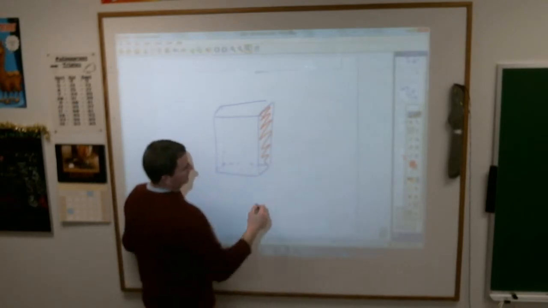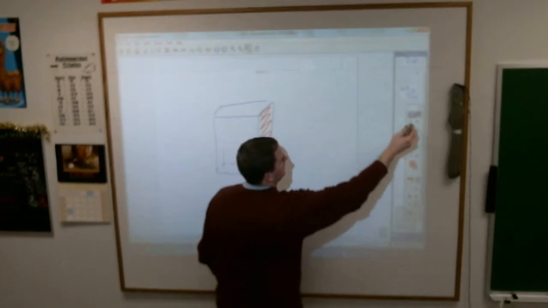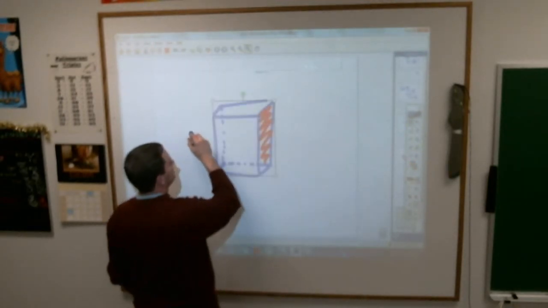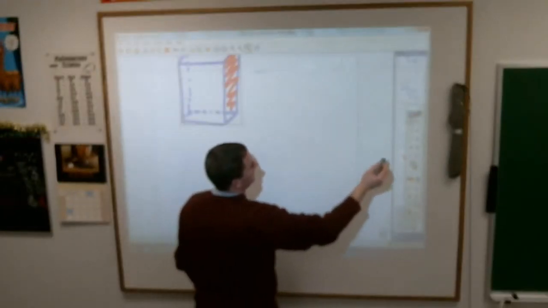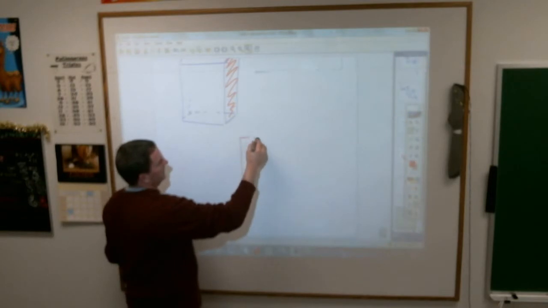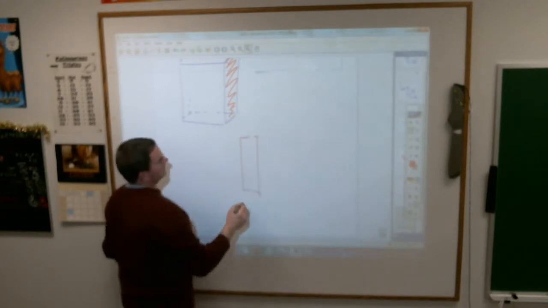It would look like a rectangle. So here is the right side right here, correct? It's a rectangle, long and skinny.